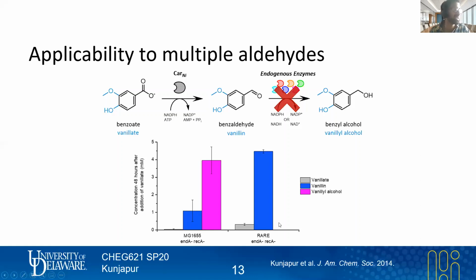Then when you look at the rare strain that we engineered, you see this really nice concentration profile where you have no detectable vanillyl alcohol, even after 2 days. You've completely abolished formation of this product, at least with vanillate addition.